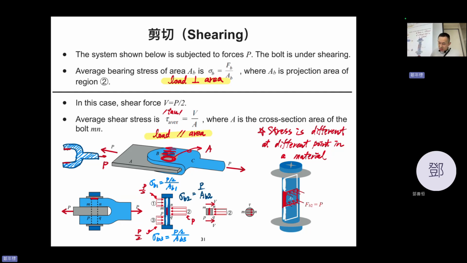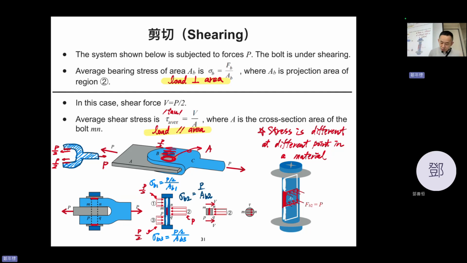So these two red areas must give it P over 2 to the left-hand side to balance this shape. So you see here, this force is P over 2. That's how I get P over 2.